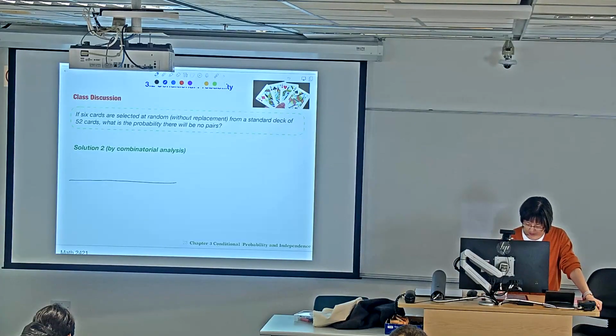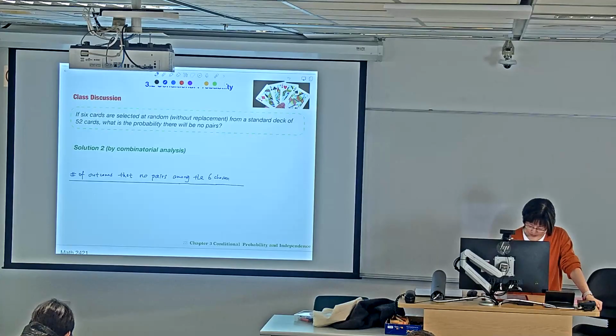So with counting, we just count the number of outcomes where there are no pairs among the 6 chosen cards, and then divide by the total number of possible outcomes.